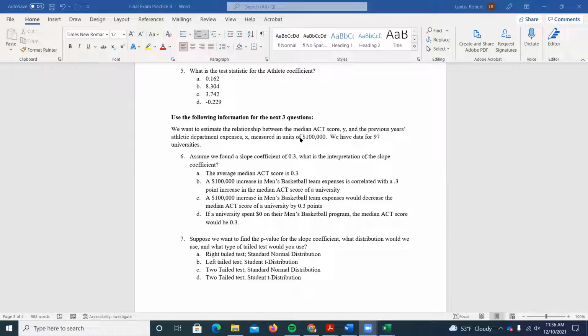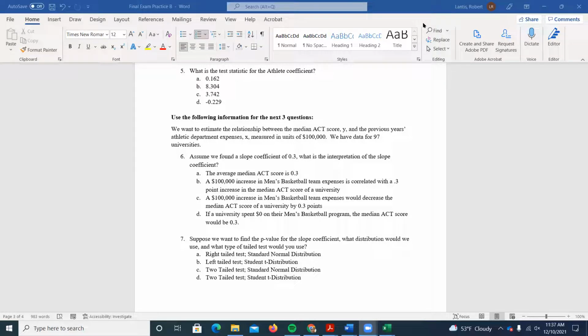You've got that measured in $100,000, and you've got data on 97 universities. We didn't have as much time to go through some of the regression examples I wanted, so this one probably pushes you a little further than I would on the exam. This one has kind of weird units. It's not just dollars, it's $100,000 that represents 1 unit.